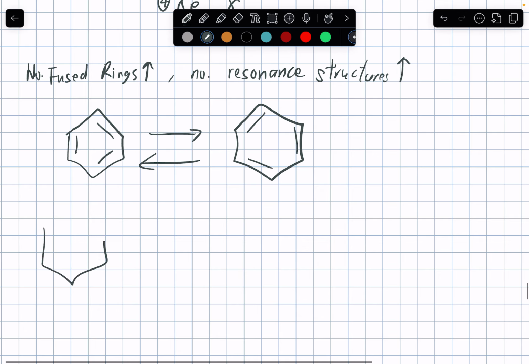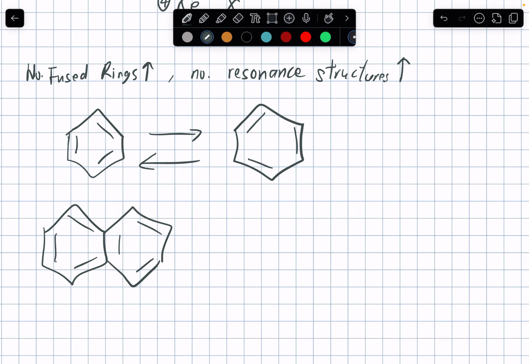What if we have naphthalene? Naphthalene is basically this. By the way, let me just verify something. Is naphthalene aromatic? This is an important thing to know. Ah, really? It's aromatic.